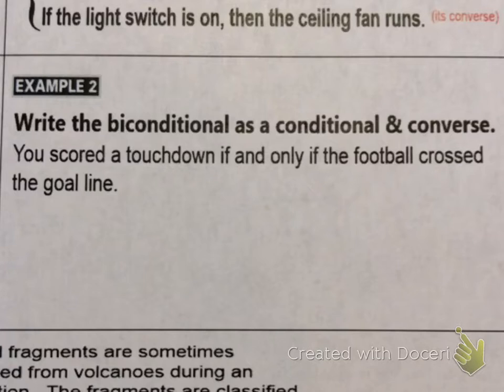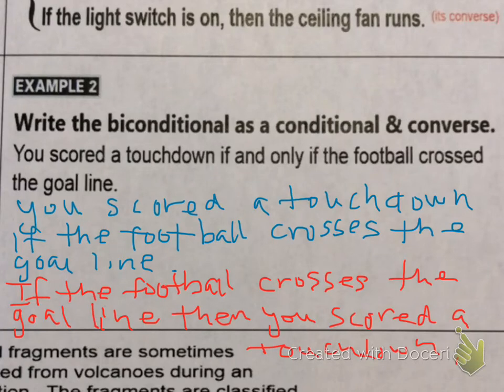I'm going to pause my video, write those down, and then you can copy those off of the video here. All right, so here are my two statements. The first one is, if you scored a touchdown, then the football crossed the goal line. The second one, if the football crossed the goal line, then you scored a touchdown. Take a minute, pause the video, write those down, and then let's move on.